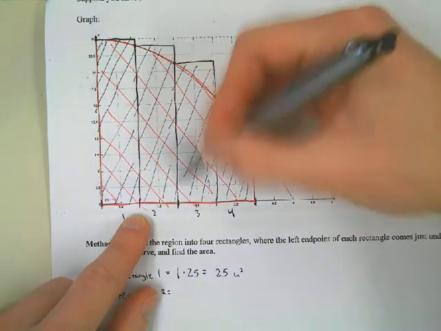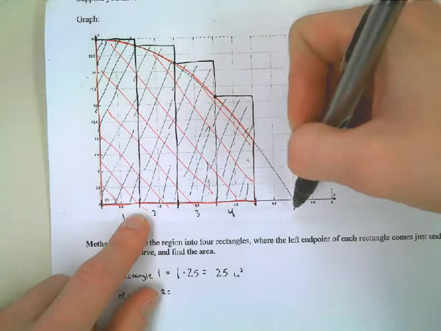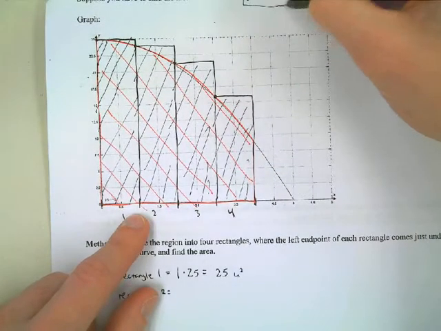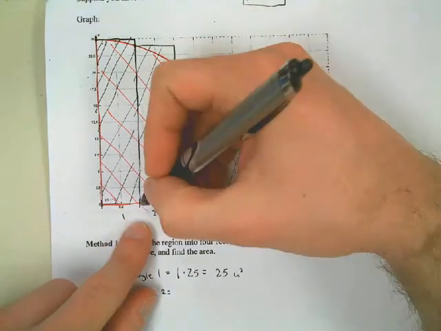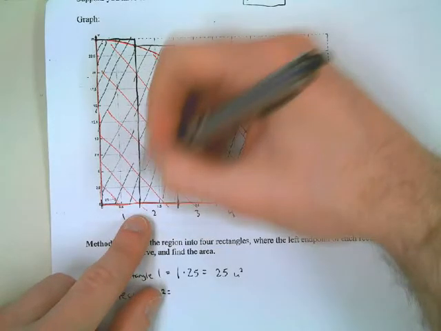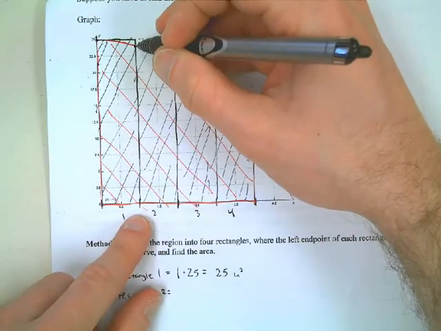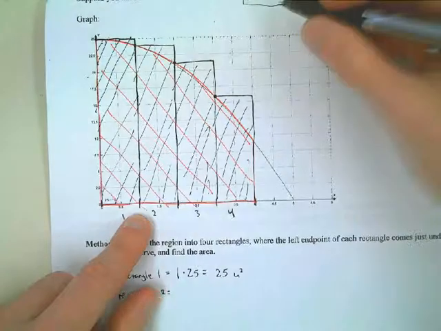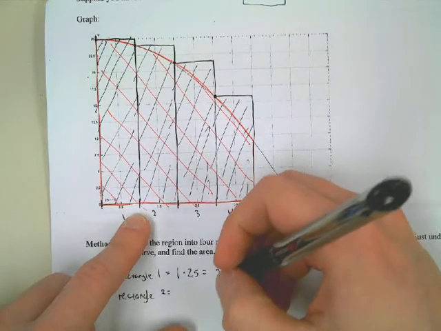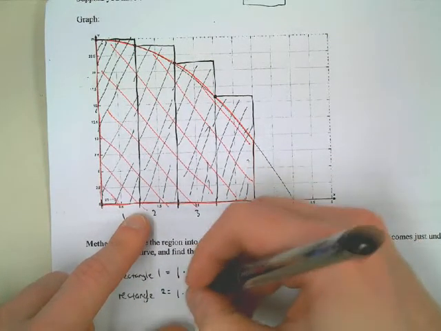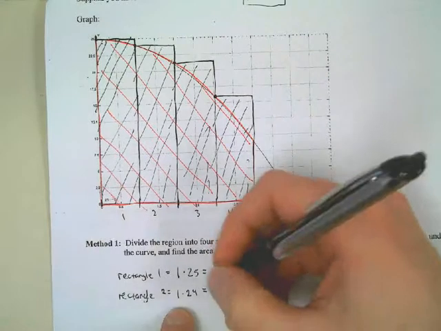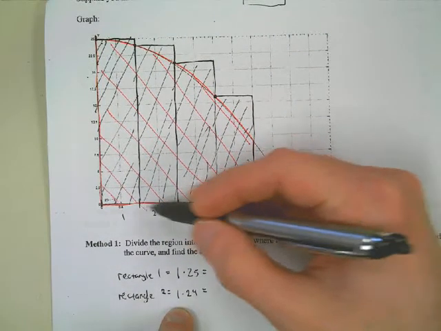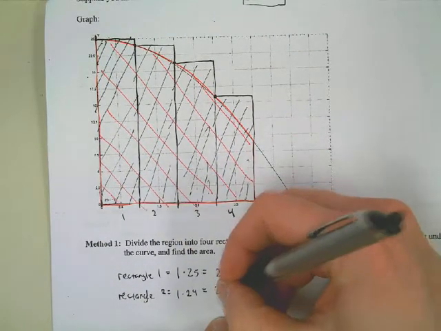It's this curve, isn't it? What's the equation for the curve? Y equals 25 minus x squared. So we want to find the y value at 1 of this curve. So 25 minus 1 squared, which is 25 minus 1, is 24. So it's 1 times 24. Again, the width of a rectangle is 1. It goes from 1 to 2, so that's the width of 1. So we have a 24 unit square rectangle there.